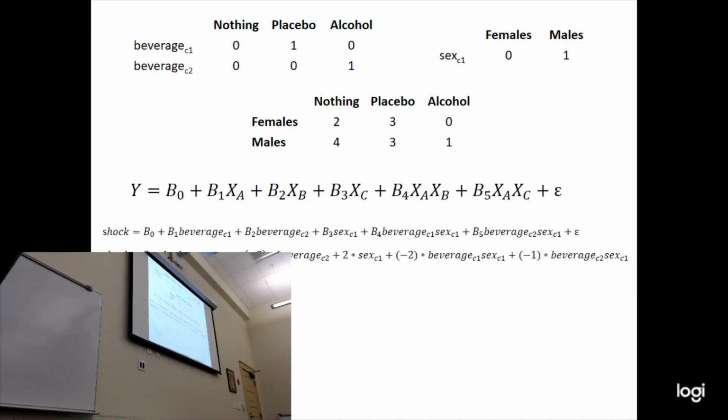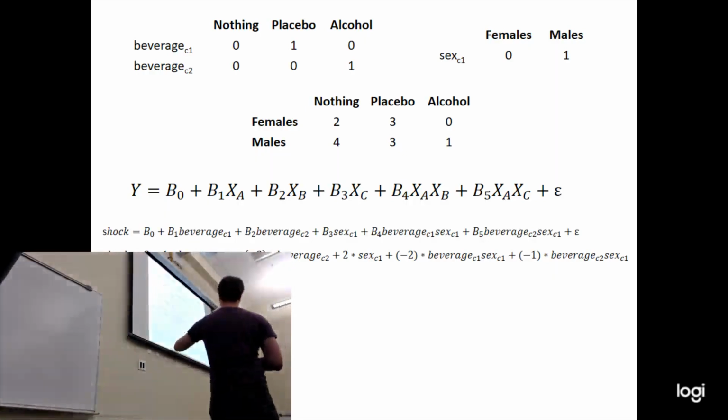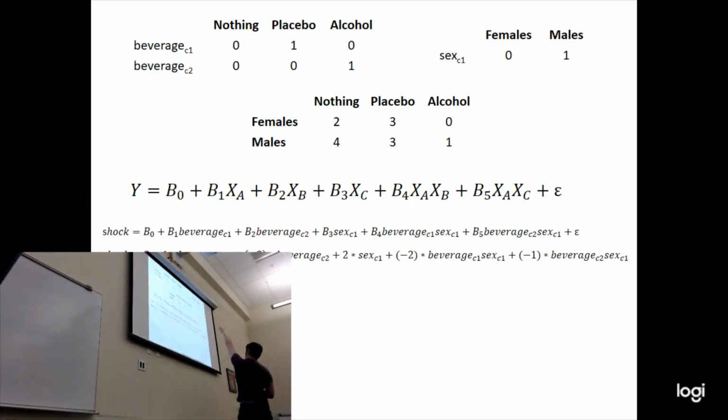X sub c. Oh, so x sub c is going to be the mean difference between males and females in the nothing group. Is that what you said? Yeah. So everybody see why that is? You have to interpret the coefficient for sex at 0 on beverage condition. 0 is the nothing group.